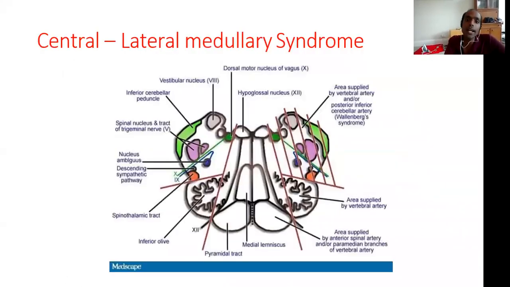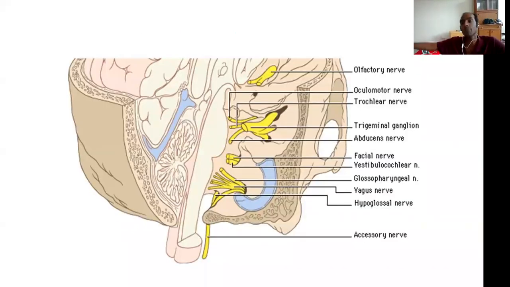For homework, read about lateral medullary syndrome. Please read about this. This is a lesion in the medulla which involves some of these cranial nerves.